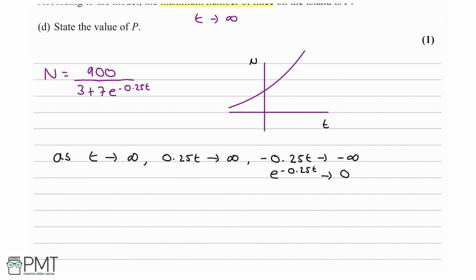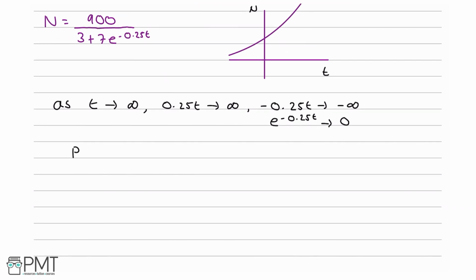Because as the number gets smaller and smaller, it will become 1 over a very, very large number, so it's going to approach 0. From here, this means that p equals 900 over 3 plus 7 times 0, which is 900 over 3, which equals 300. For this question, you get 1 mark, and that comes from getting 300 as your final answer.